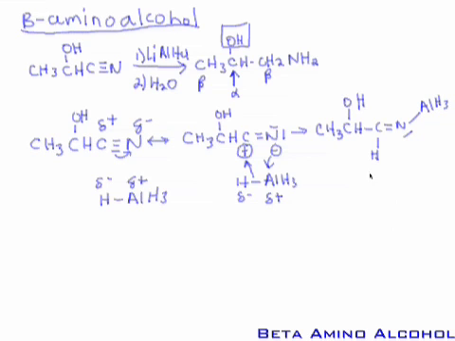If the process happened again, and we could go through the same full process with lithium aluminum hydride, effectively you can do the same thing, add a second hydrogen to that carbon, and the charge on the nitrogen would be stabilized by the aluminum atoms.